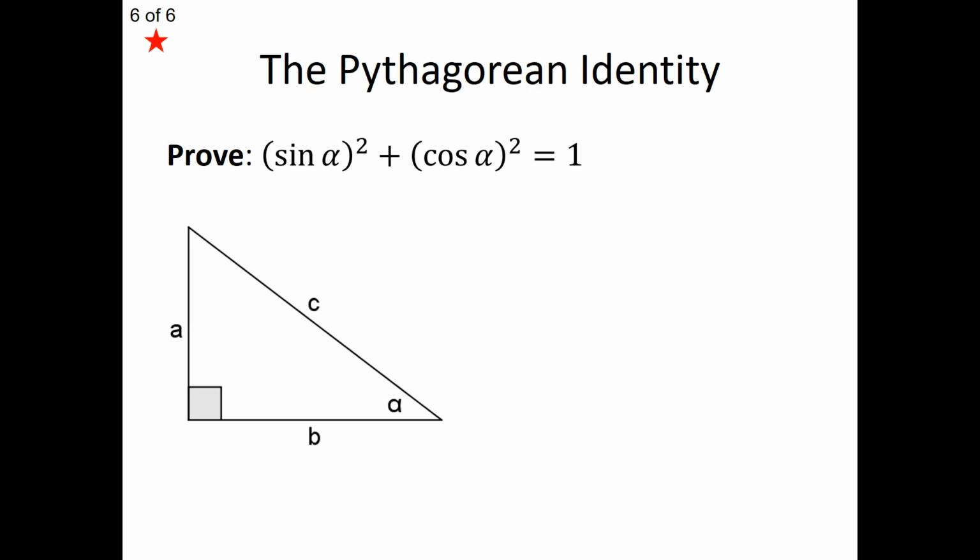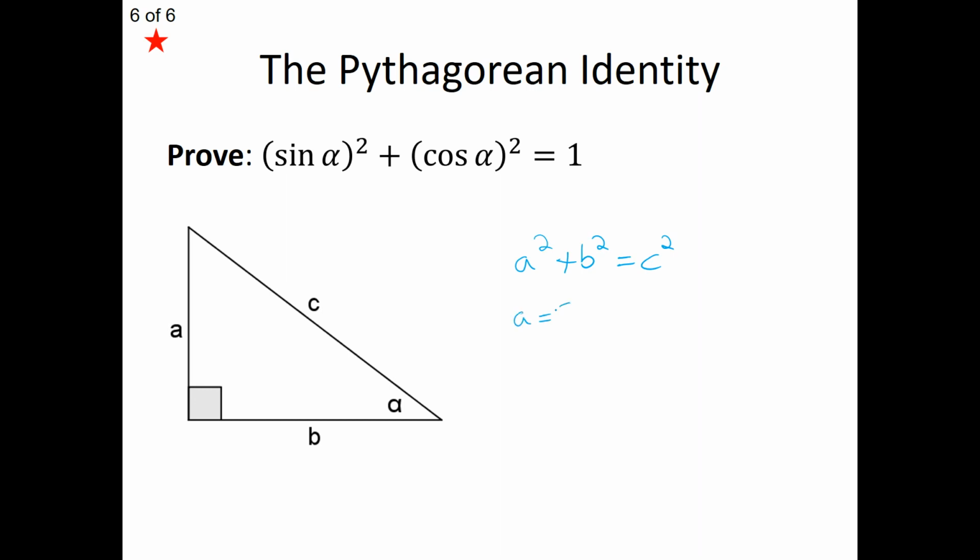Again, we have the same triangle with angle alpha labeled, and we've got our three sides A, B, and C. Now, again, let the title of this be your clue. The triangle we're given is a right triangle, which means that something we have been using over and over again is true: our Pythagorean theorem, a squared plus b squared equals c squared. Now, again, I want to prompt you with a question.